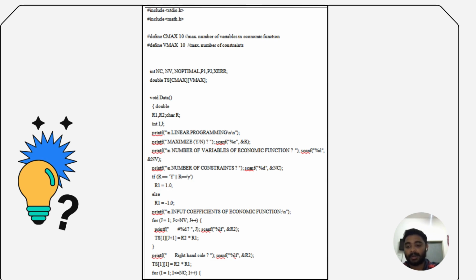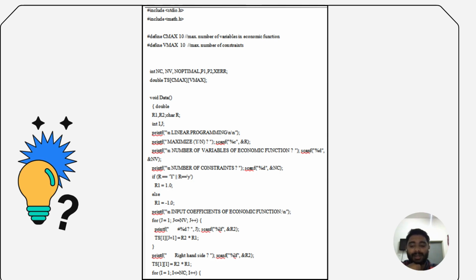We also have printf maximum Y or N, which asks the user whether to maximize or minimize and stores the response in the variable R. Printf number of variables of economic functions, with scanf, asks the user for the number of variables in the economic function and stores it in NV. Next is printf number of constraints. Now we go to the important part: if R equals Y, meaning the user chooses maximize, R1 is set to 1.0.